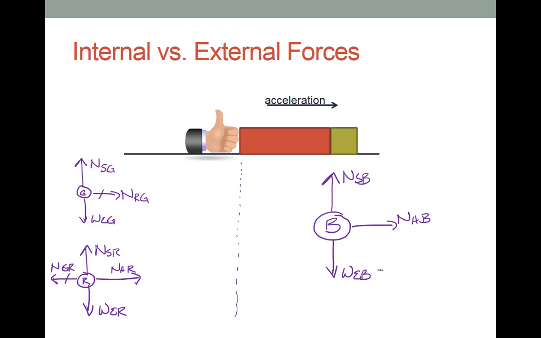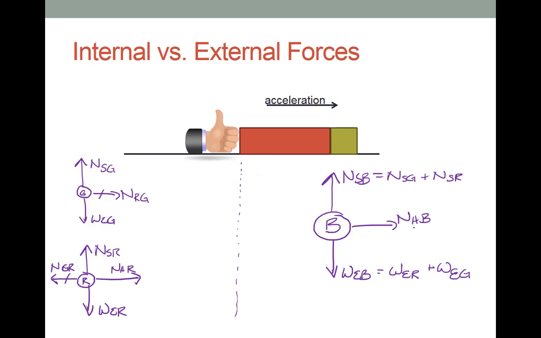So this weight down here, for example, will be the red weight plus the green weight. I mean, it's one block now. Right. Okay. Well, same thing with these two. Those two normal forces must combine to give what the surface is doing to the combined block.